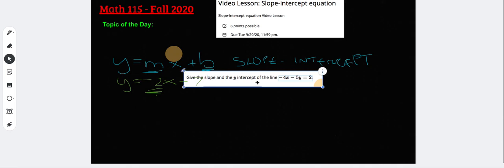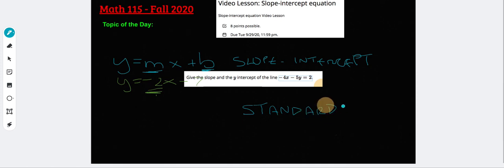Yeah. Okay. You see that it's got a -4x and then a -5y equals 2. We have a name for that form. It's called, and it's really odd because we call it this, standard form. This is called standard form, and you should become familiar with it. Standard form has the format of ax + by = c.